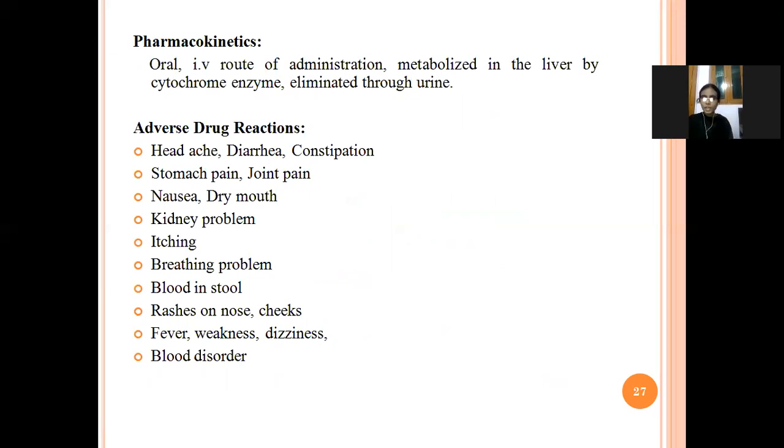Adverse drug reactions are headache, diarrhea, constipation, stomach pain, joint pain, nausea, dry mouth, kidney problems, itching, and breathing problems, blood in stool, skin rashes on nose, cheeks, fever, feeling of weakness, dizziness, and blood disorders.